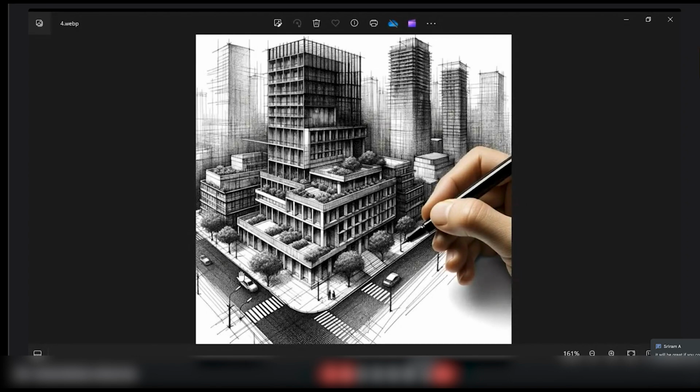Balance, rhythm, repetition, proportion, contrast. Golden ratio, rule of thirds.